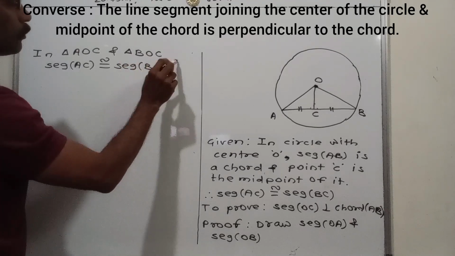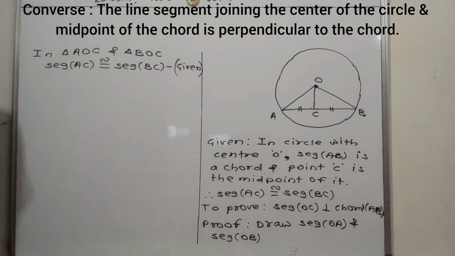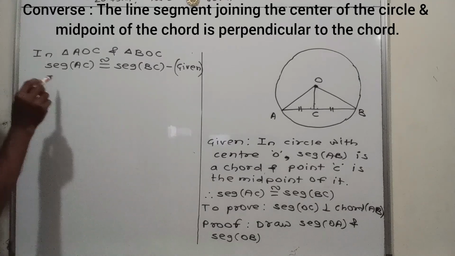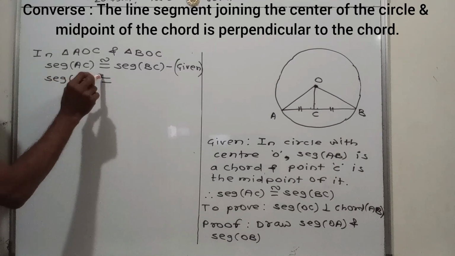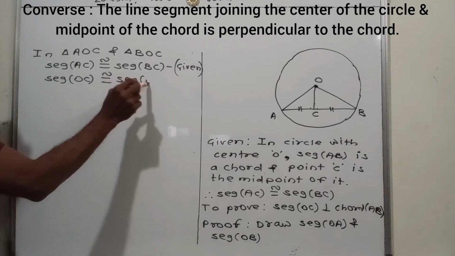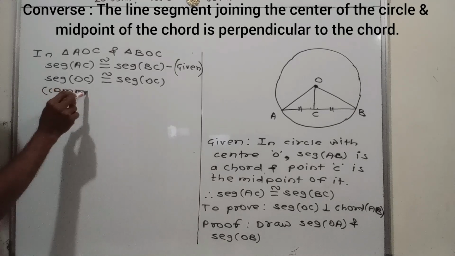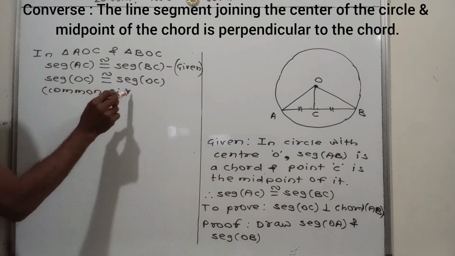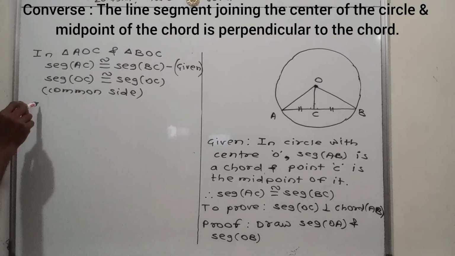This is our given. Very simple. Then next, segment OC congruent to segment OC. This is common side. Did you get it? Then next, segment AO congruent to segment BO. Very good.